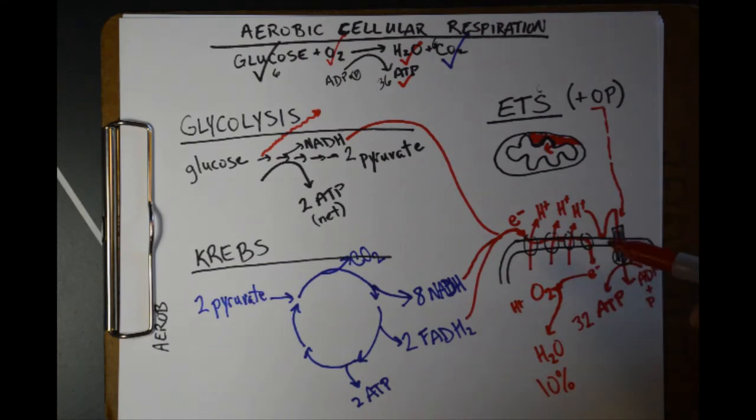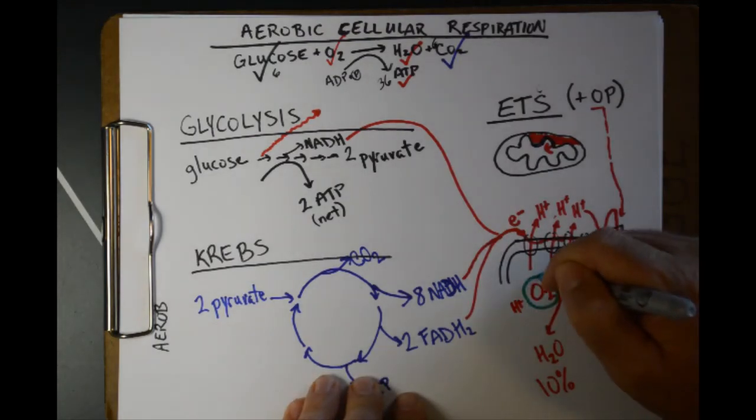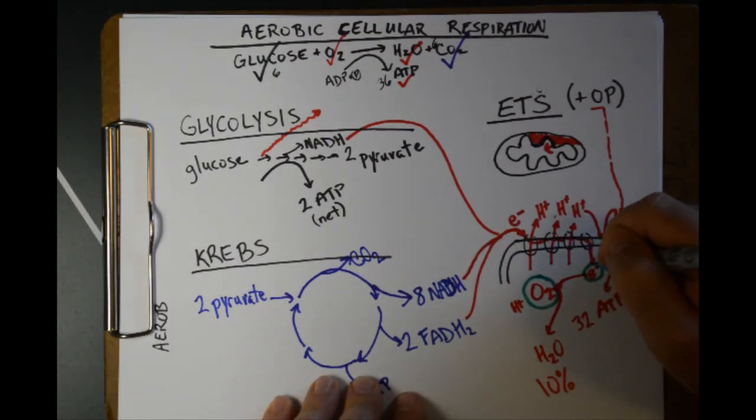So that's probably the hardest one to understand out of all of them. And 2 steps: hydrogen ion gradient created by electrons and their power, and then step 2, use that gradient to make ATP. Then we got to do something with the electrons, and that's where oxygen comes in. And obviously then, if we don't have oxygen, then we can't accept electrons.